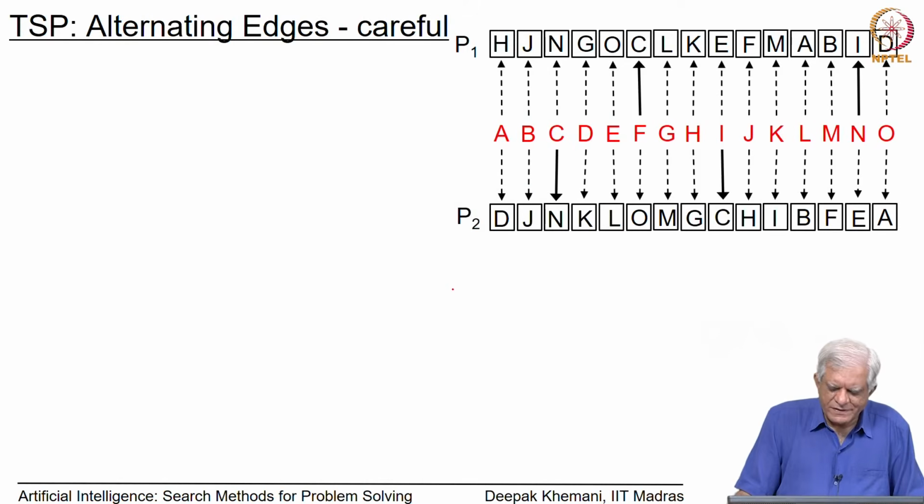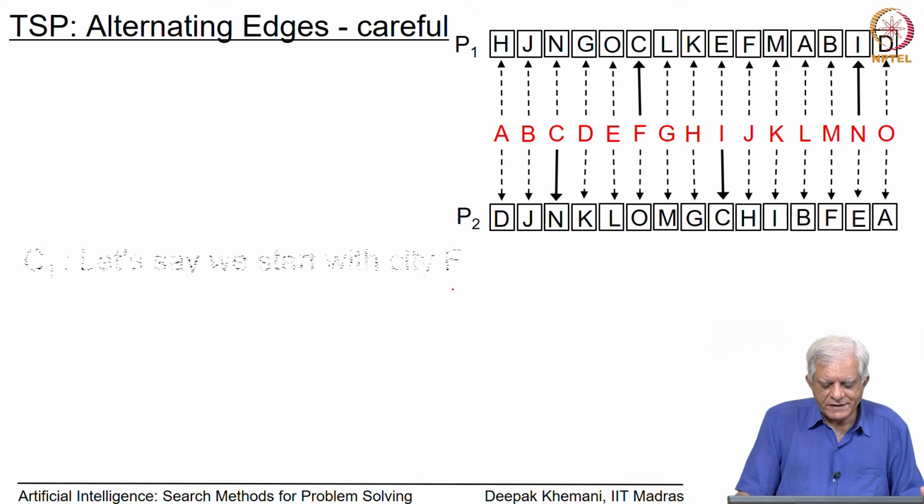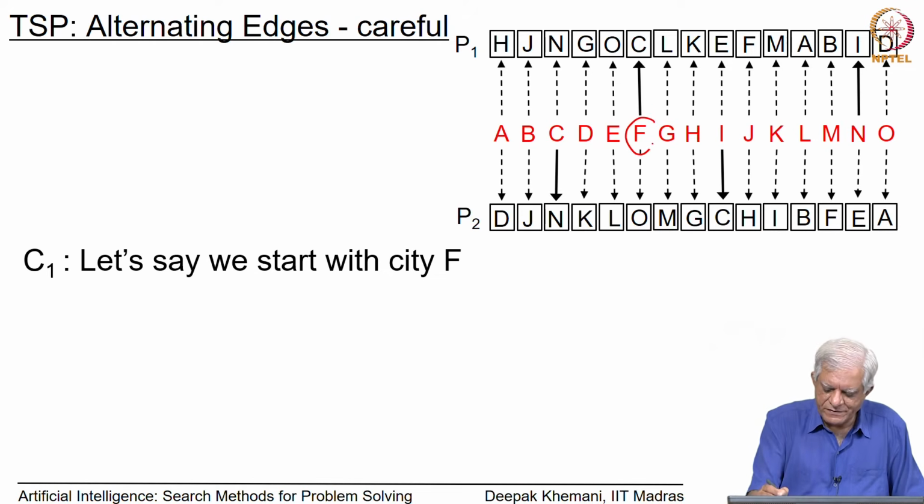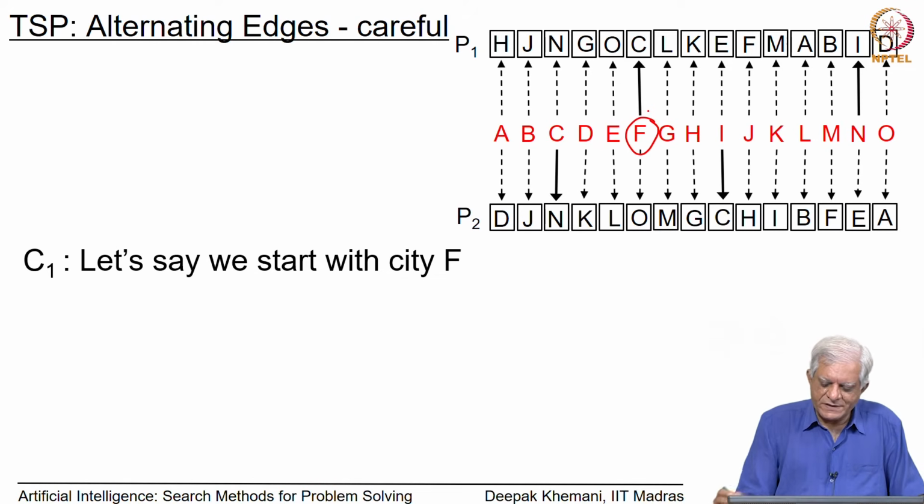But there is a little bit of carefulness that you have to exercise here, and that is illustrated by this example. Supposing we do this alternating edges crossover, and let us say that you start with city F, and as you can see from the arrow you go from city F to city C, having chosen it from parent 1.